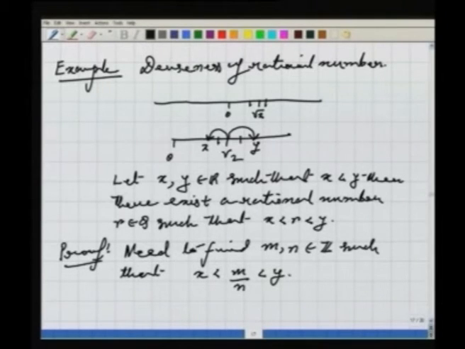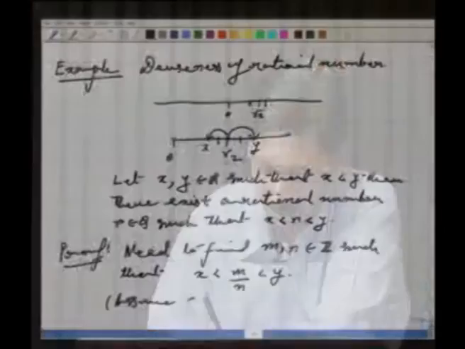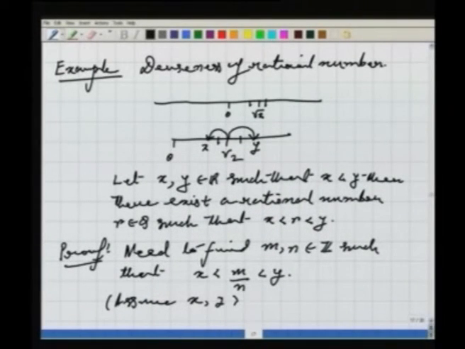Well, for simplicity, let me first assume that x and y both are positive. The other case you can actually manage yourself. So, I assume x, y both are positive. That means now my job is reduced to finding two natural numbers m and n, no longer integers, such that x is less than m by n and m by n is less than y.